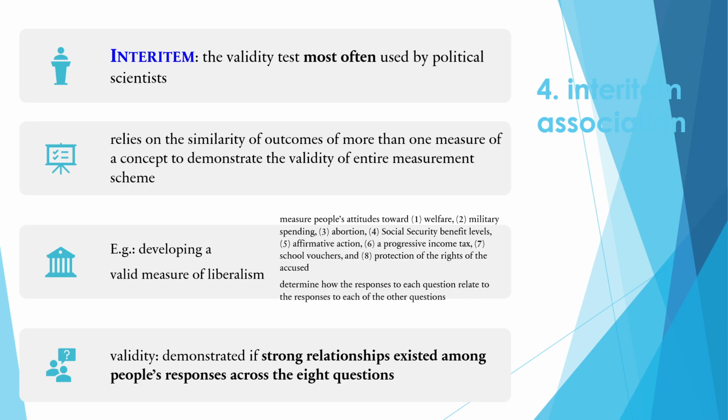So again, think about this example that is given, developing a valid measure of liberalism: attitudes towards welfare, military spending, abortion, social security benefits, affirmative action, progressive income tax, school vouchers, protection of the rights of the accused. I can already begin to guesstimate what someone who identifies as liberal would think. Support for welfare, less support for military spending, abortion, right to choose, support.